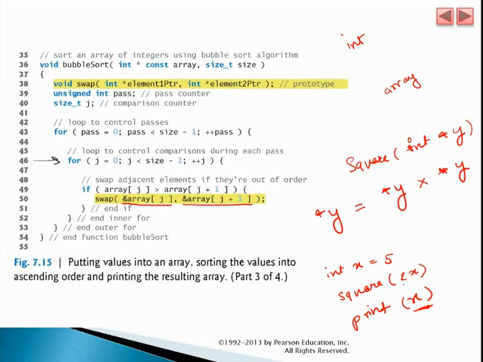Because you are passing the address, so y is pointing to x, where 5 is stored, and then at this location you multiply the value by itself and store it. So 25 will get stored here, and when you print x, it will print 25.